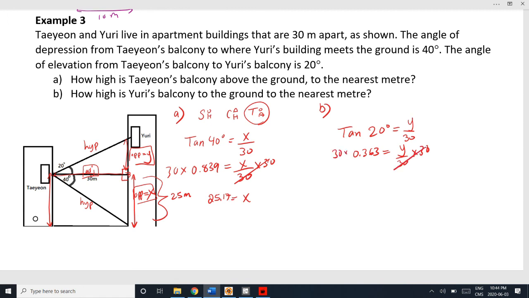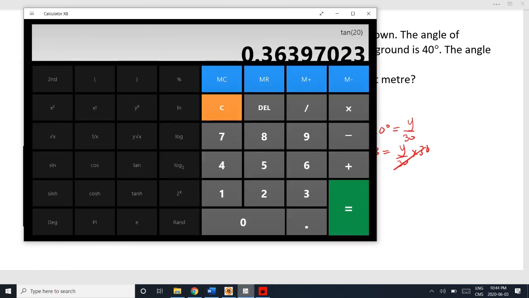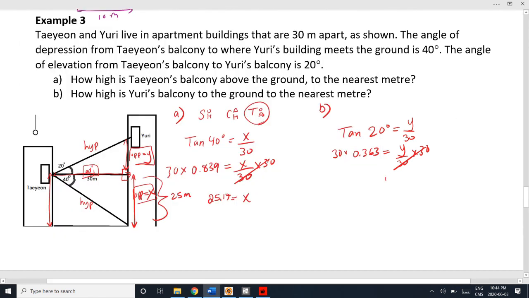So we have 30 times tan 20, or 0.363. Since we already have that in the calculator, we'll just multiply this by 30. And we're going to get 10.91. So y is equal to 10.91. Since it's 10.9, we're going to round that up to 11 meters. So y is equal to 11.